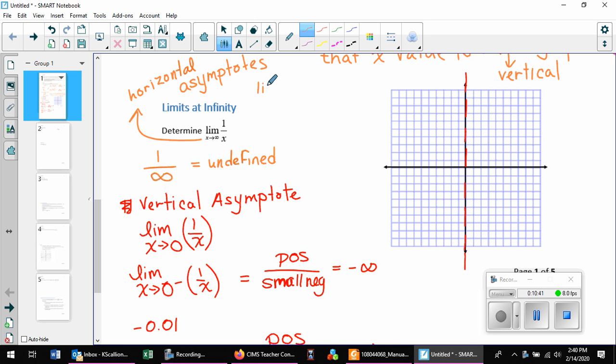So the limit, as x approaches infinity from the left-hand side, of 1 over x. What are some values headed towards infinity from the left-hand side?